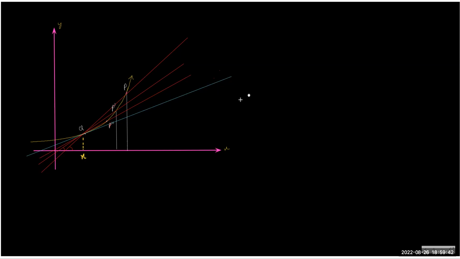So what do we call this line, which looks like touching the graph at only 1 point? Tangent. Very good. This is called tangent.